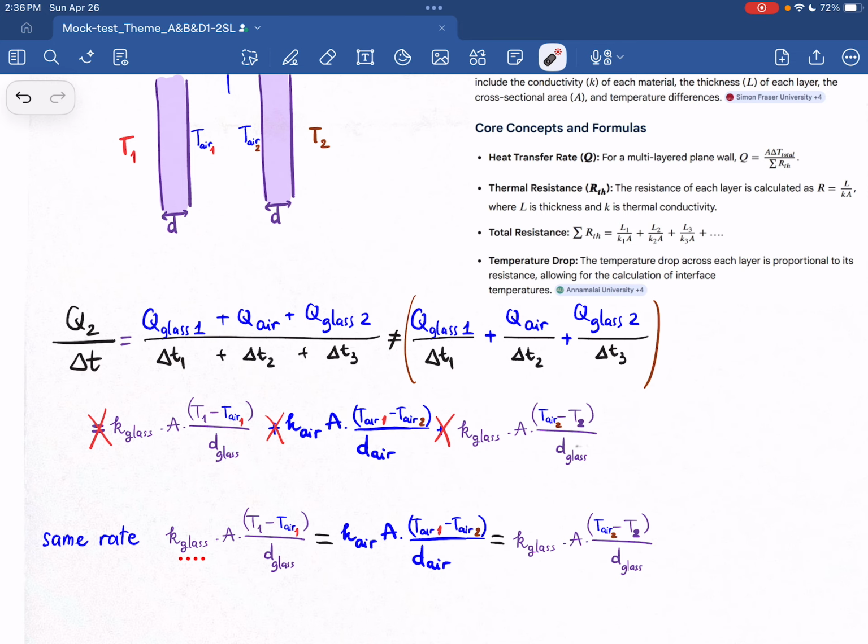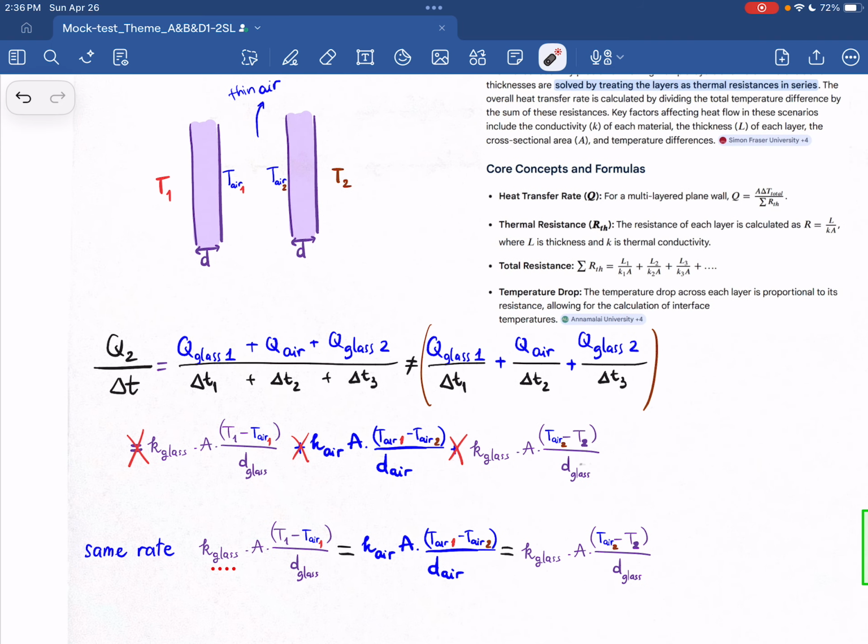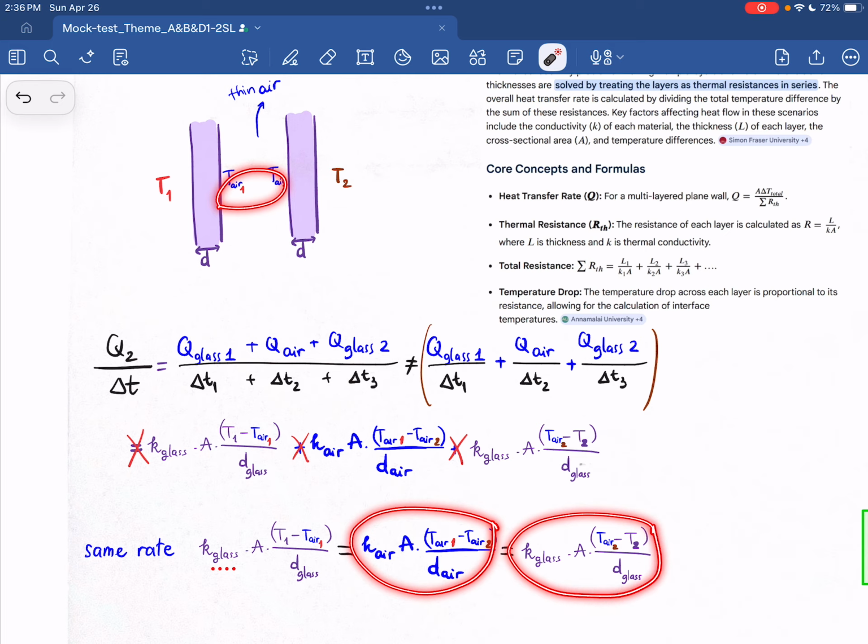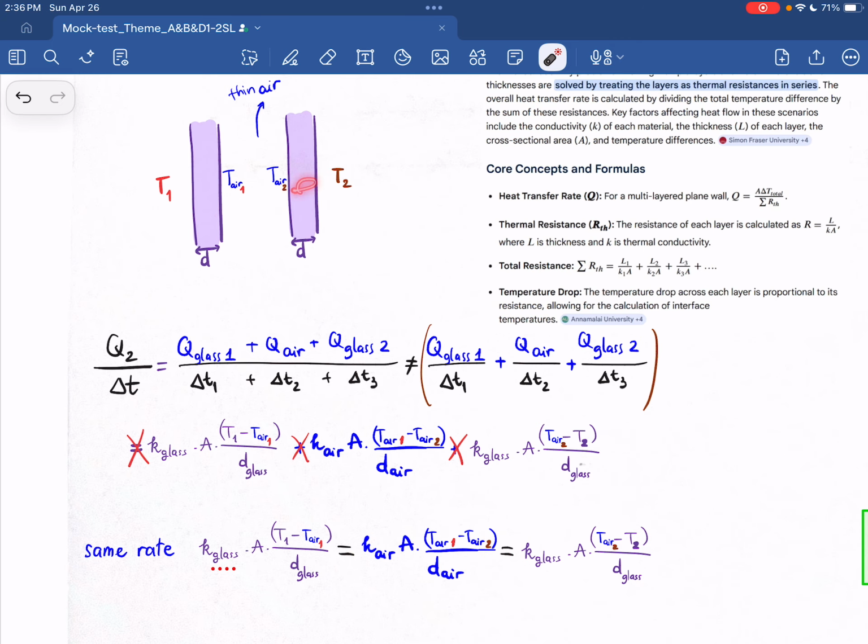So if you just happen to substitute this one for this one, and then this one for this one, and then mistakenly take it as a plus, an addition, that's not correct. Why? Because if we consider the amount of heat going through, we assume that the rate should be the same. The rate traveling through the first layer is the same as the rate traveling through the second layer, and the same as the rate traveling through the third layer.